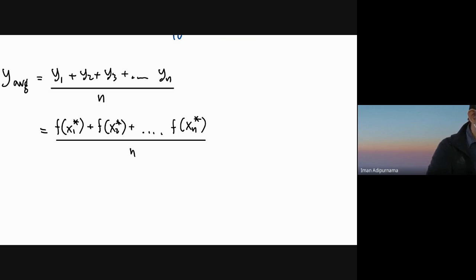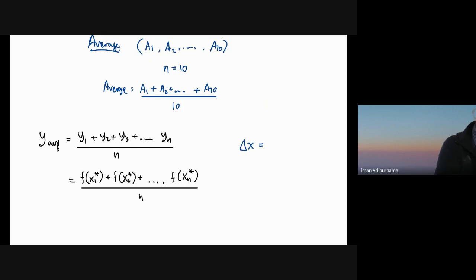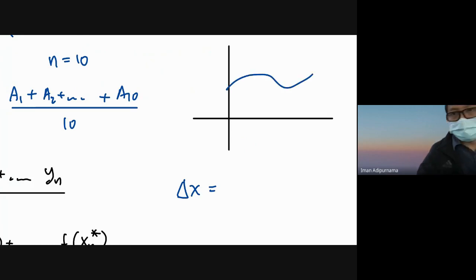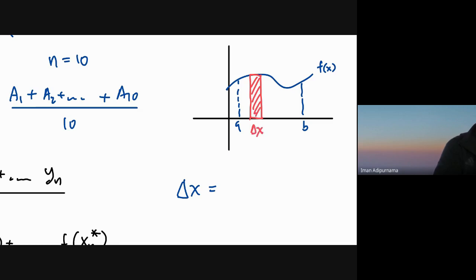Remember also in the approximations, the Riemann sum, if we have the function f of x from a to b, and you want to cut this into some rectangles, this is the delta x, and we can write delta x as b minus a divided by n, right?